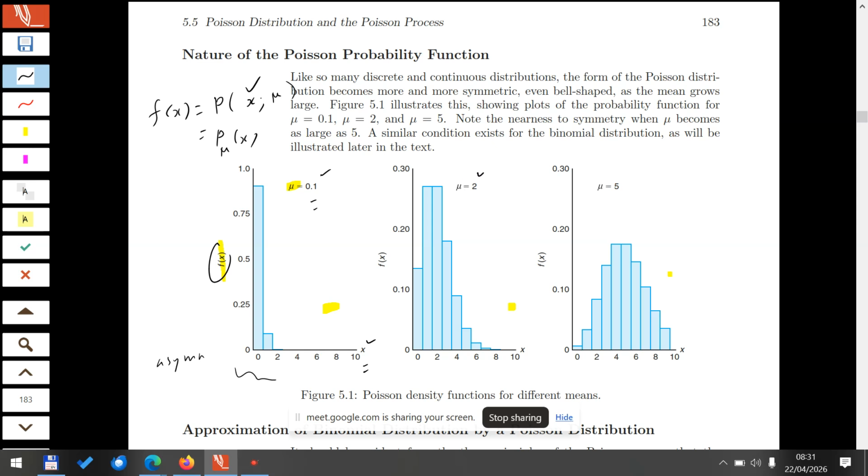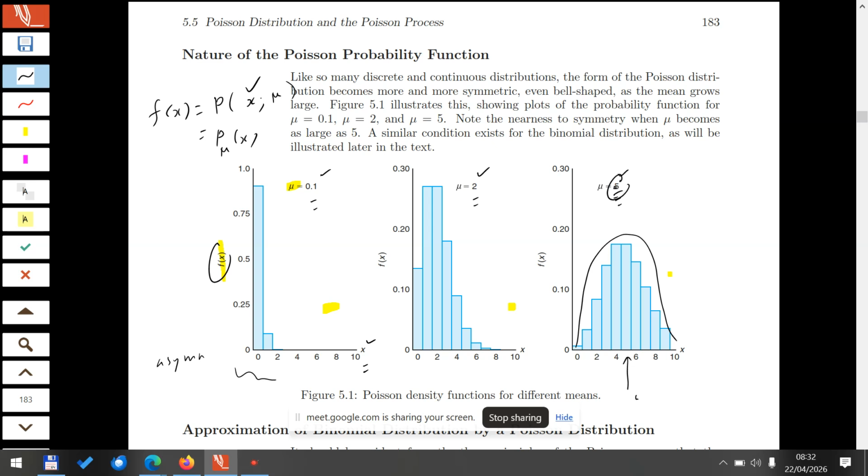But as soon as you increase the values of mu, for a reasonably large value, 5 is not that large, but it's reasonably large, you get a shape which is symmetrical about some mean value, right? So the mean value appears here to be 5.